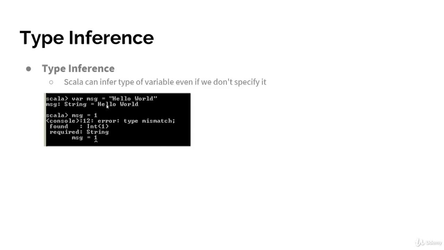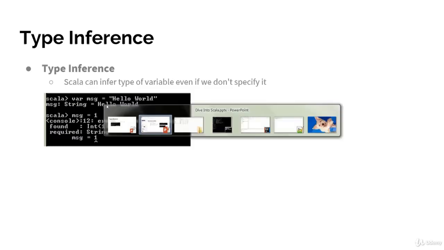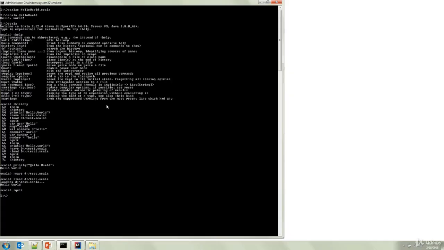So let's see how this is done in the REPL. We'll go back to our REPL, and let me clear the screen first. Okay, I'll say var hello equal to hello world, right?